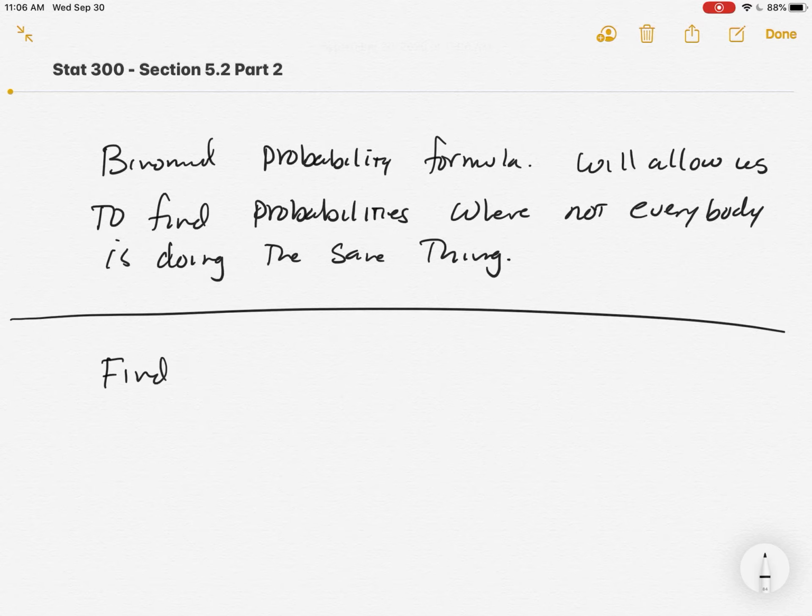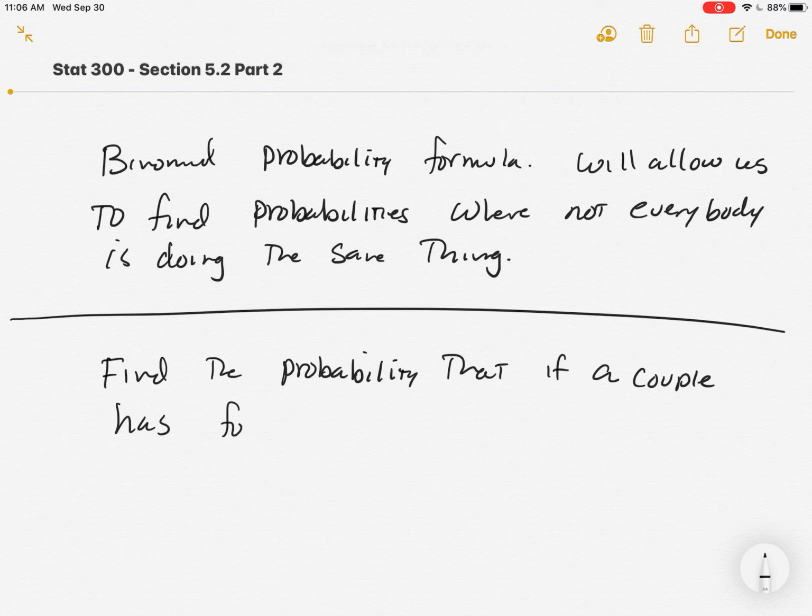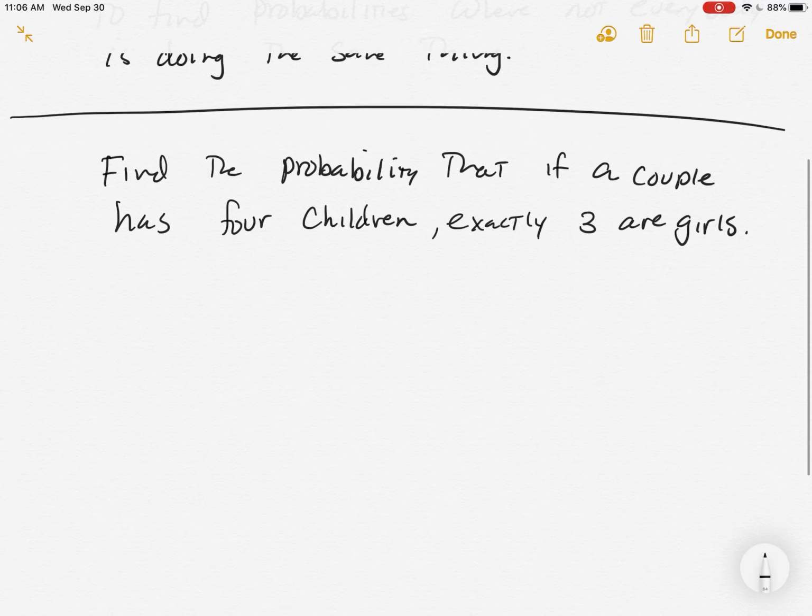Find the probability that if a couple has 4 children, exactly 3 are girls. Okay, so I'm trying to do something that we can visualize.